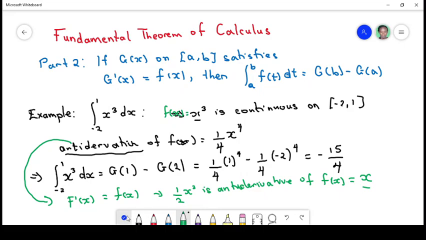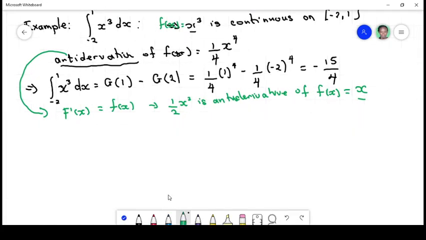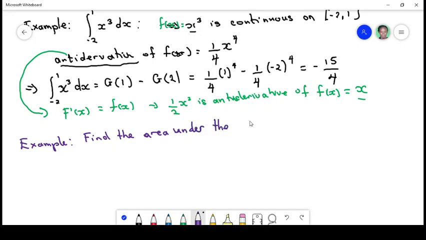So let's take another example. Let's say find the area under the parabola y equal to x squared from 0 to 1.